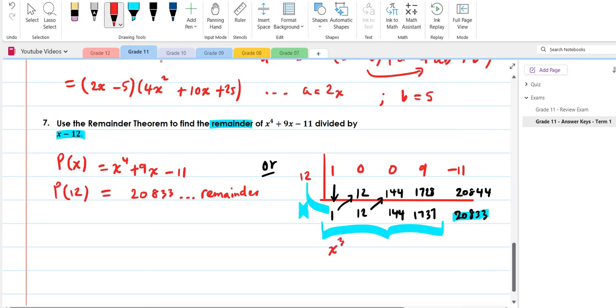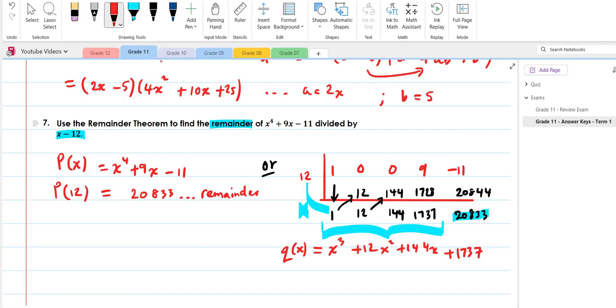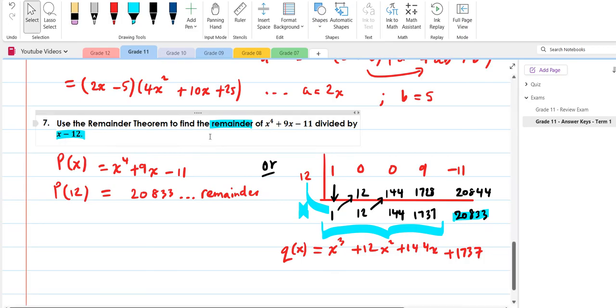So x cubed plus 12x squared plus 144x plus 1737 will be your quotient, which is q of x. They did not ask for the quotient, they just asked for the remainder. So this will be the easiest method to solve, by just substitution.